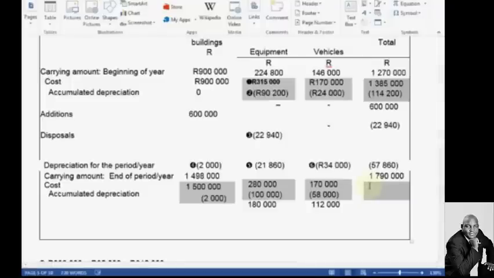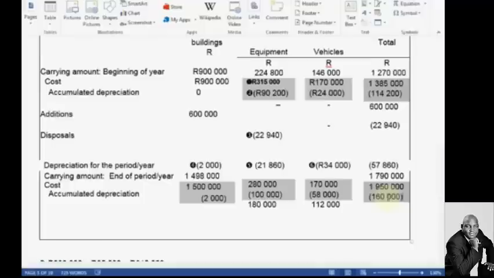Then this one is going to be 1.5 million plus 280,000 plus 170,000. That gives me 1,950,000. And then this one, it's going to be 2,000 plus 100,000 plus 58,000. It's 160,000. Sorry, let me bracket it. 160,000. There you are. Done.